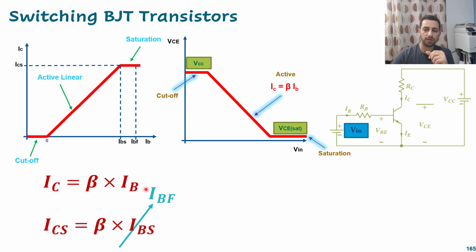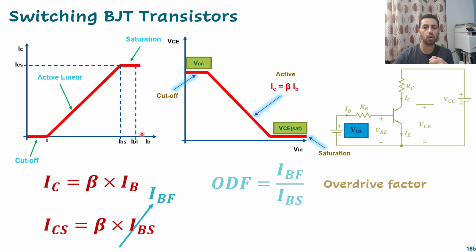Now the ratio of IBF and IBS, how much I increased the IBS to be IBF, is called the overdrive factor. I can drive it by IBS, but I overdrive it by supplying IBF, which is the forced IB. The ratio between them is called overdrive factor. And if you are looking at this equation again, you have ICS and you have IBF. The ratio between them is not beta. There's a different factor, and we call that factor the forced beta.